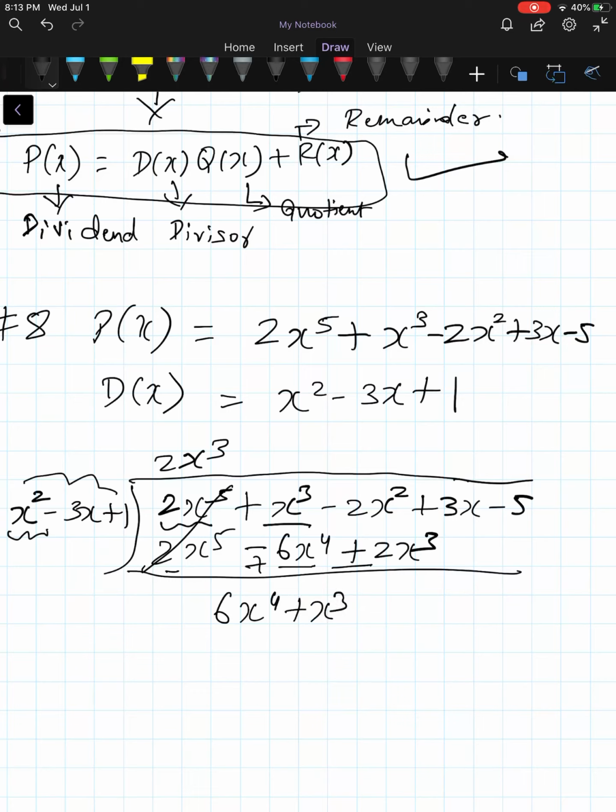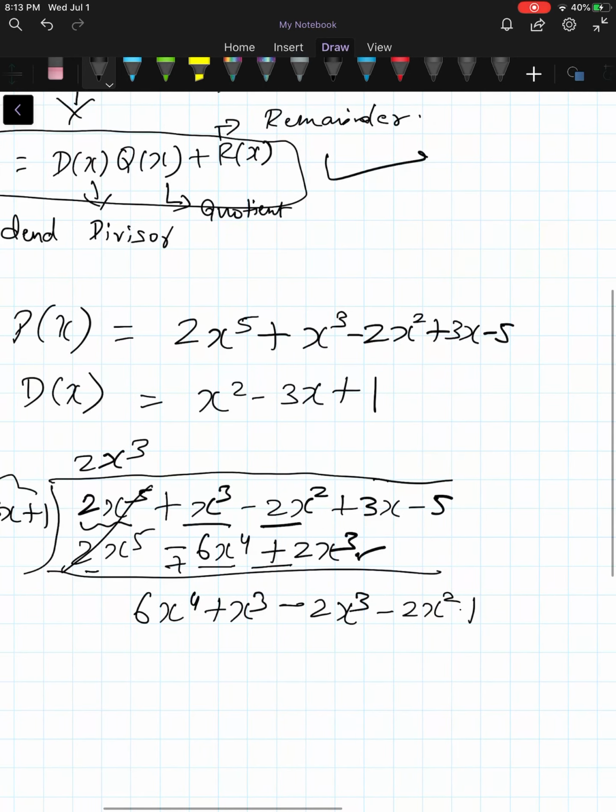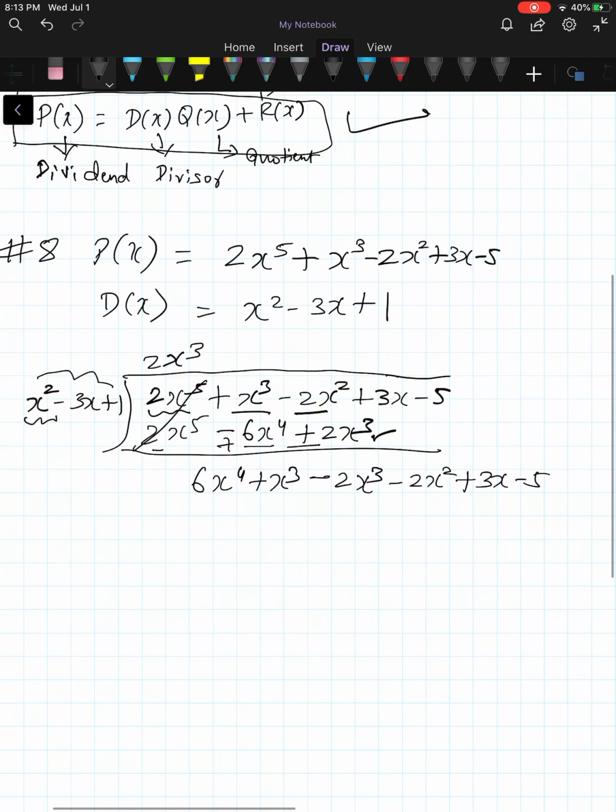So 6x to the power of 4 plus x cube, and this one is negative 2x cube, minus 2x square plus 3x minus 5.